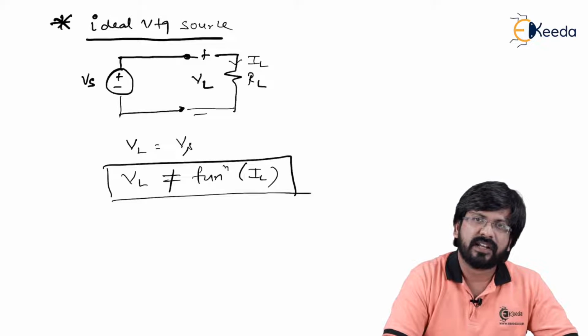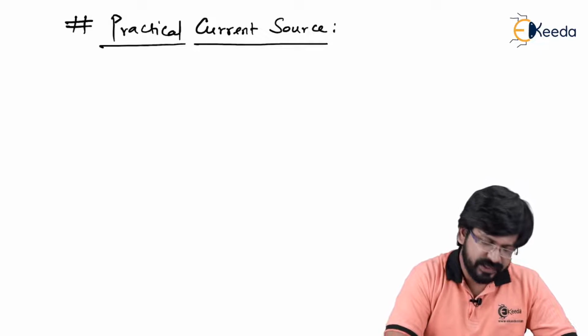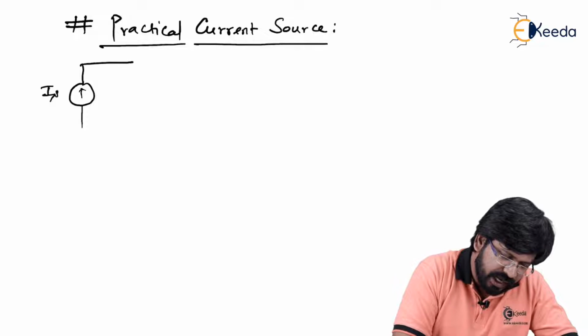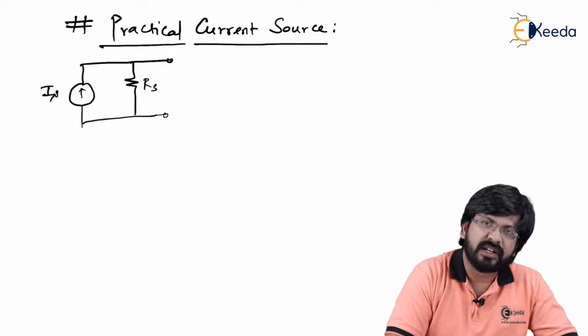Let's move to the practical current source now. Practical current source means a current source, let's say having magnitude as Is, and source resistance which is always connected in parallel. This is what we call a practical current source.